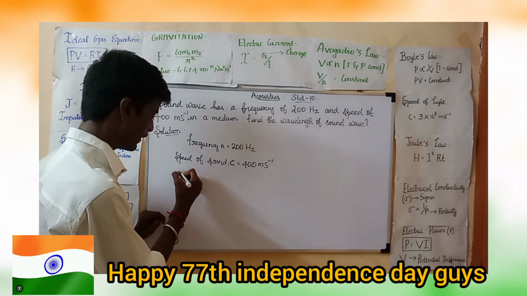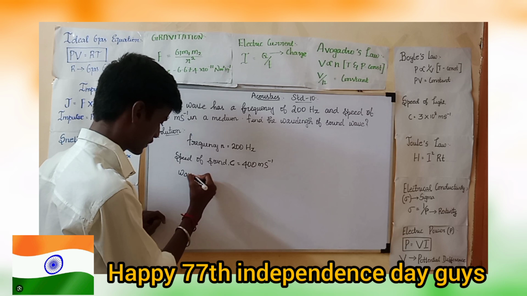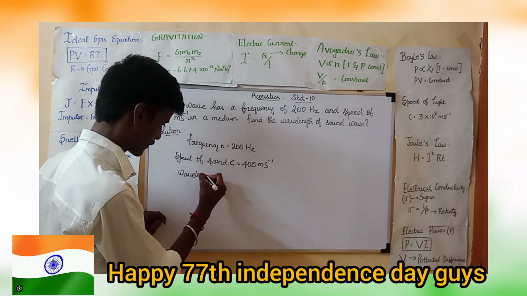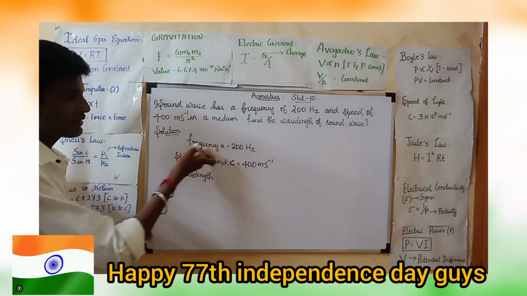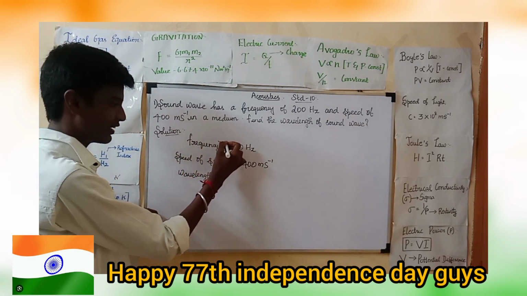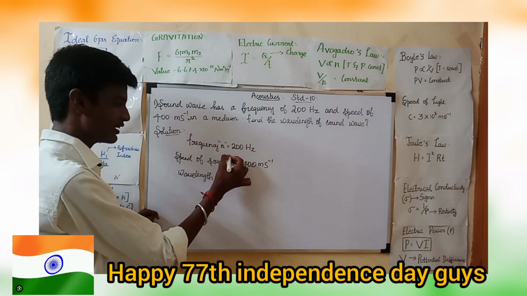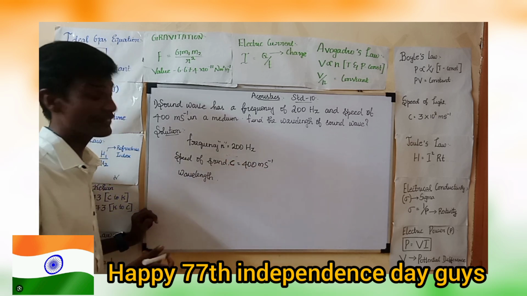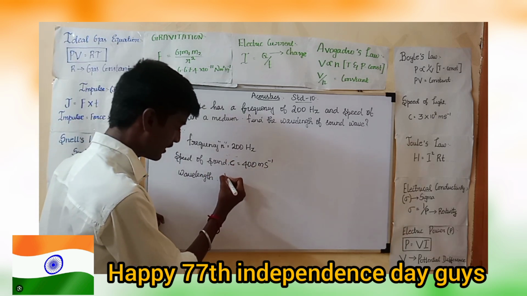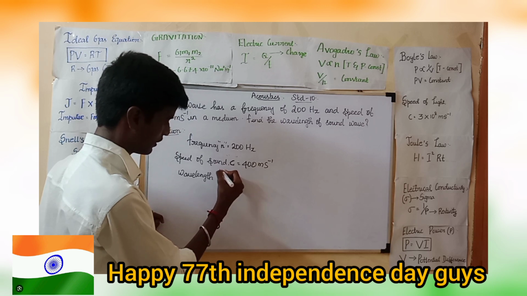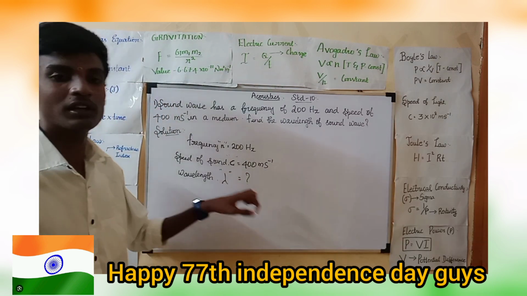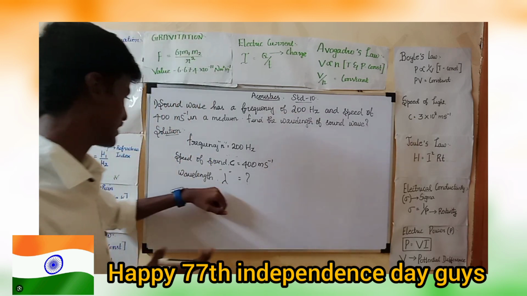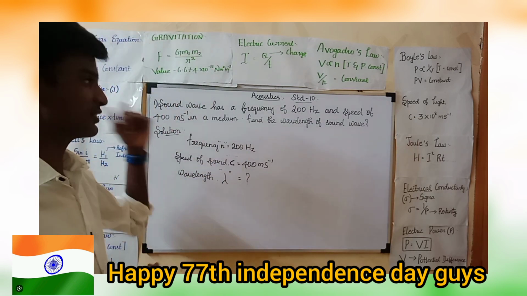Then wavelength. So they are asking the wavelength. Frequency is shortly written as N, speed of sound shortly written as C. Then what will be the wavelength, that means lambda. Lambda equal to what? In this sum we are going to focus on the wavelength of the sound.